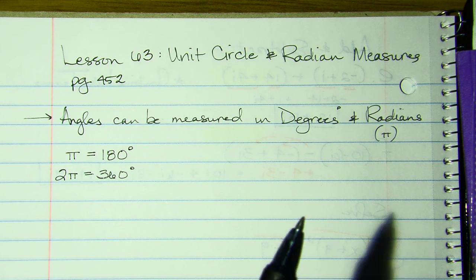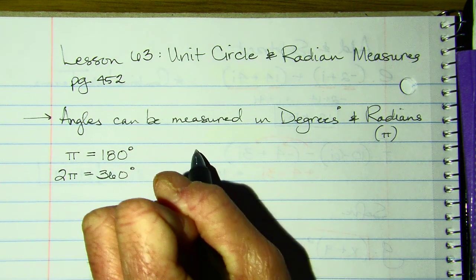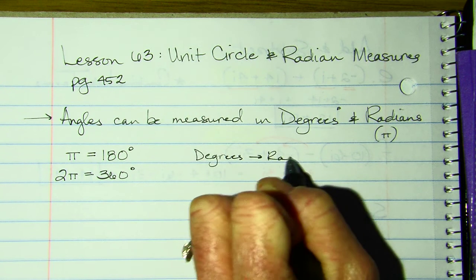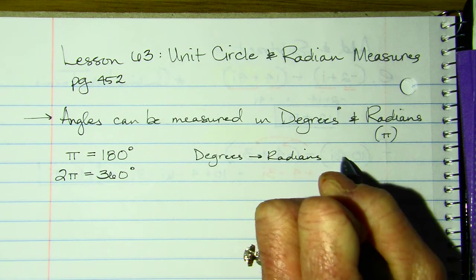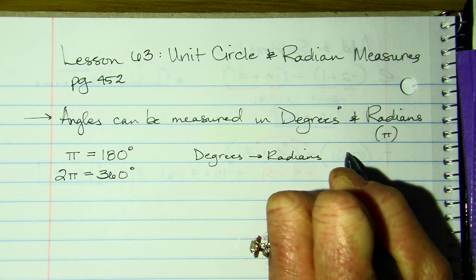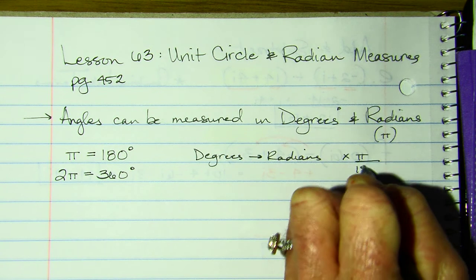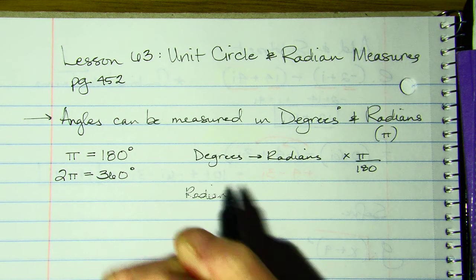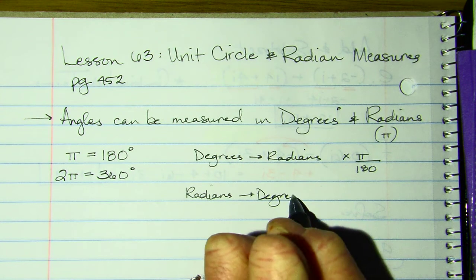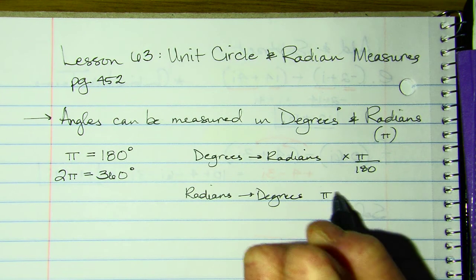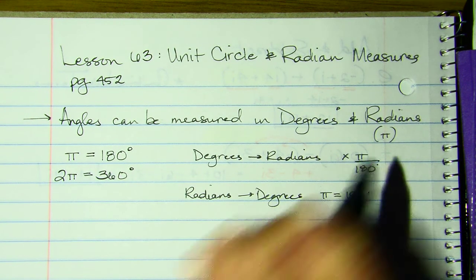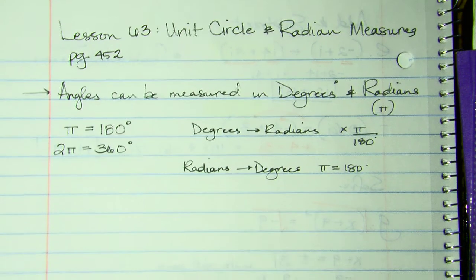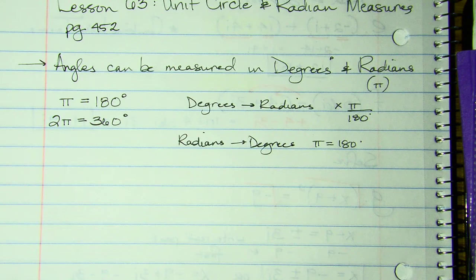So to convert from degrees to radians, I would multiply by pi over 180. To convert from radians to degrees, I would use that pi equals 180 degrees. That is what we're going to do in this first part. I'm going to practice two with you, and then we will do the ones in the book.